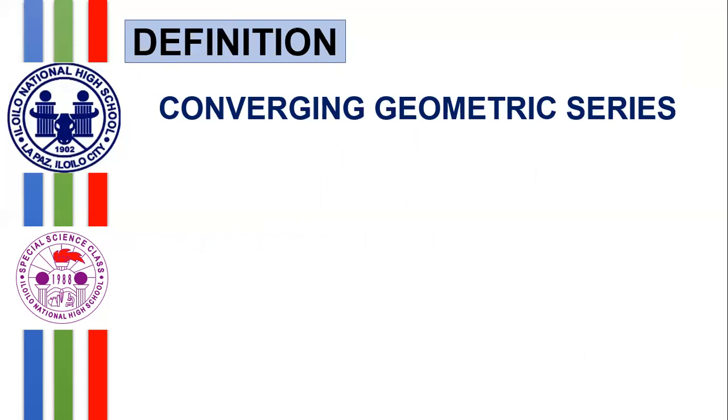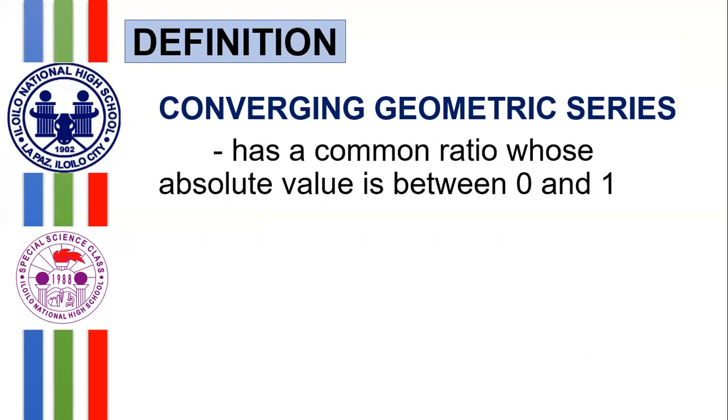And this time, I will be defining to you two types of geometric series based on the values of the common ratio. The first one is what we call converging geometric series. A certain geometric series is converging if it has a common ratio whose absolute value is between 0 and 1.